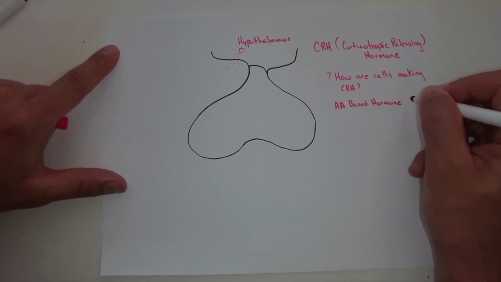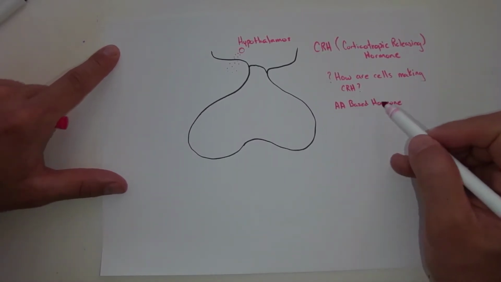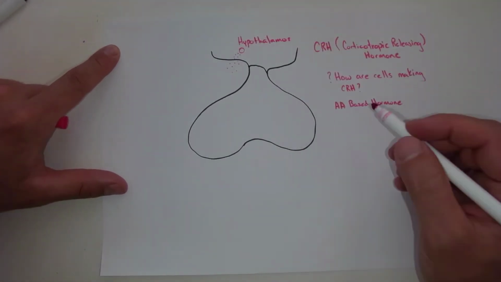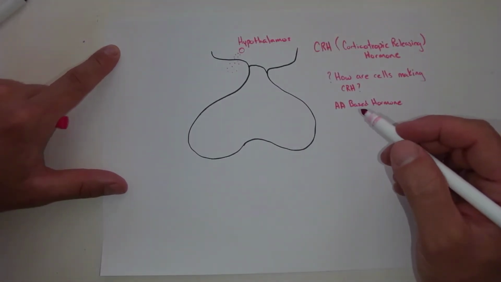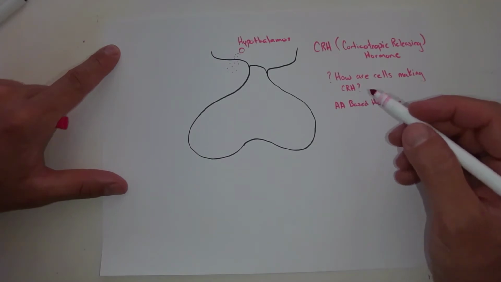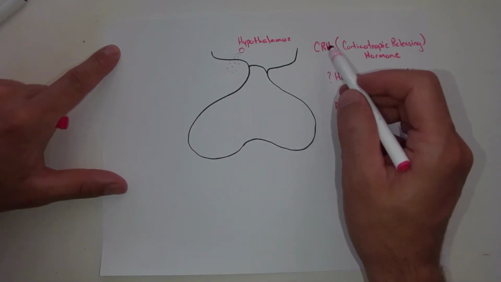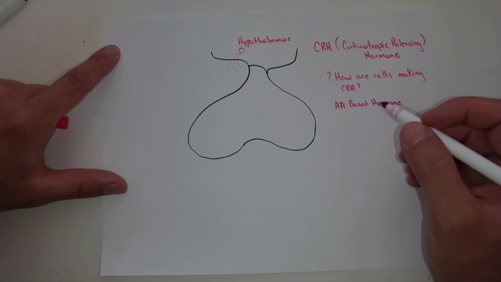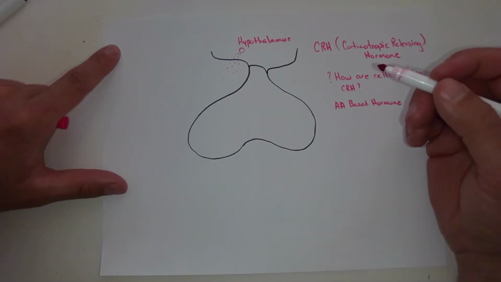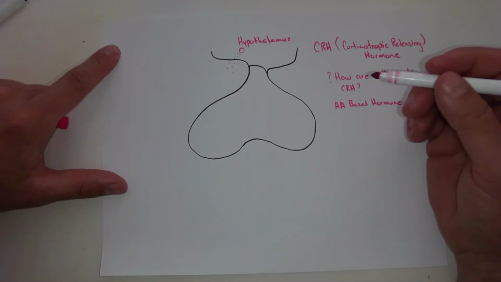And I'm going to make a video of how amino acid based hormones are made by cells. But essentially we have a gene that codes for CRH. And when we transcribe that gene, we form messenger RNA.